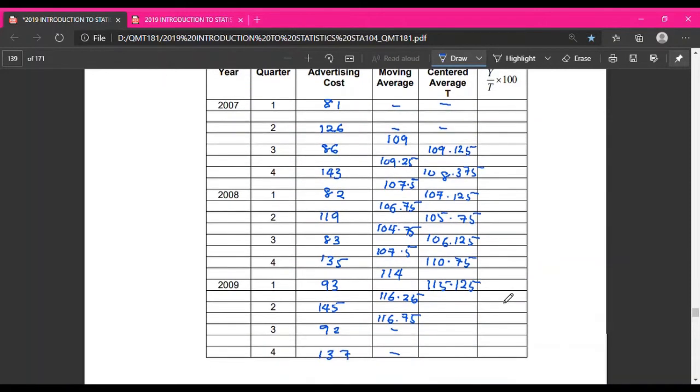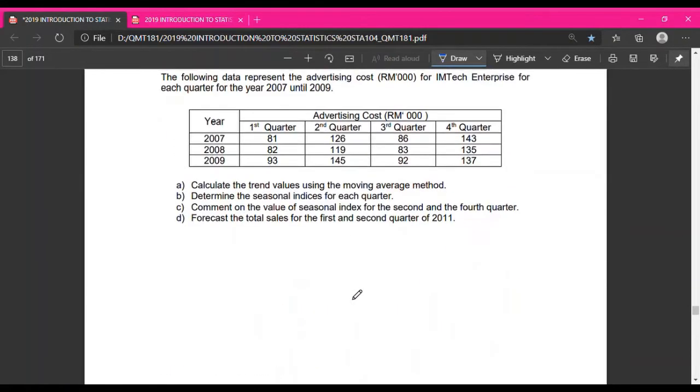Next one, the last one, 116.25 plus 116.75 divided by 2, we will get 116.5. Okay, so this answers question A, the first question, to find the trend using the moving average method.